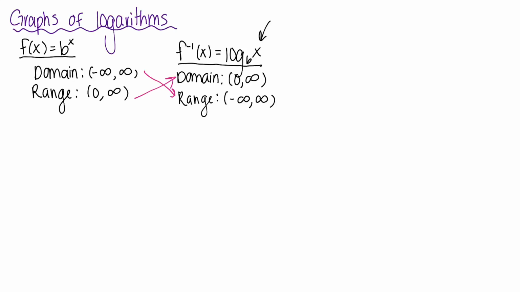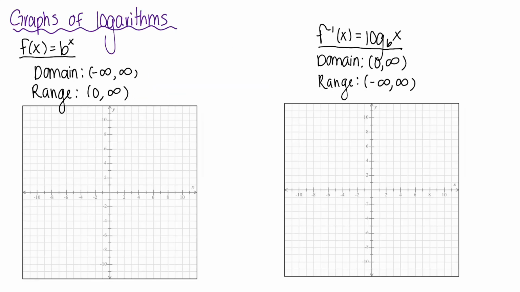Now, let's look at some graphs. I'm going to pause this and put some graph paper on here. All right, so I have myself some graph paper. Exponentials have a horizontal asymptote at y = 0. They have a y-intercept at (0, 1), and then they grow.